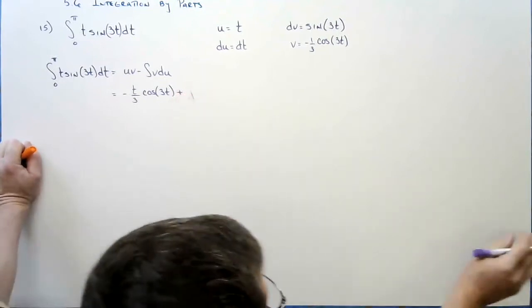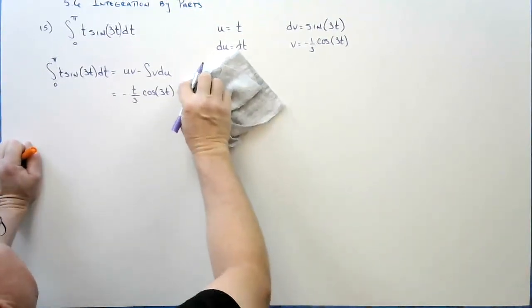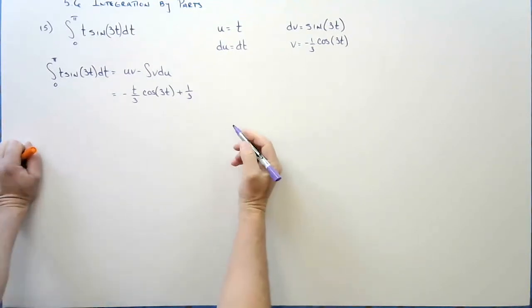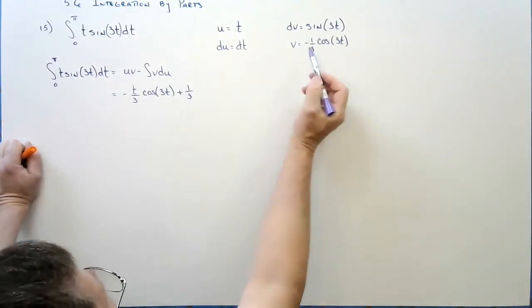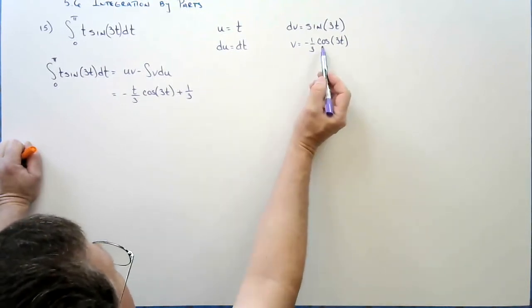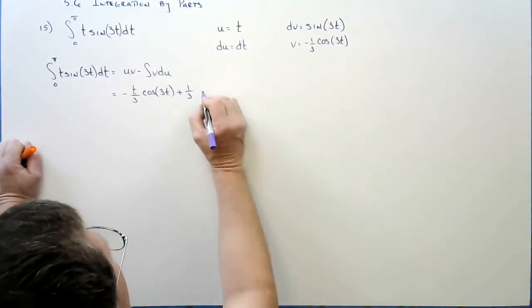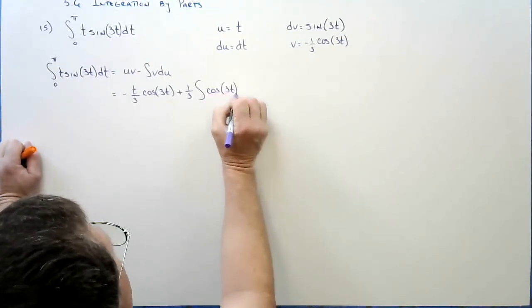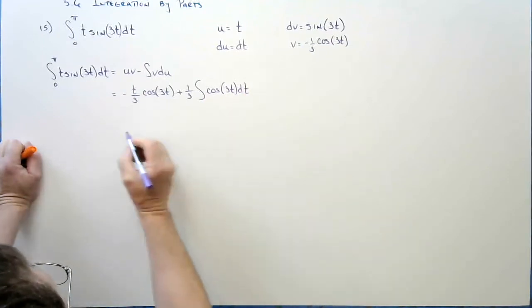I left out the 1/3, so let's erase this. Seems to be a very consistent mistake I make. I seem to leave that constant out every time. I got the negative sign though. So we have the negative, and the negative makes a positive 1/3. We have v du, so we get the integral of cosine 3t dt.